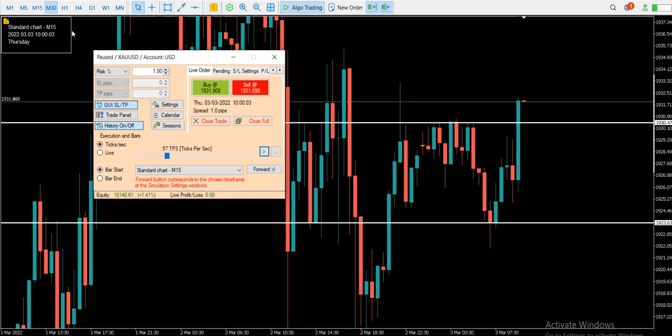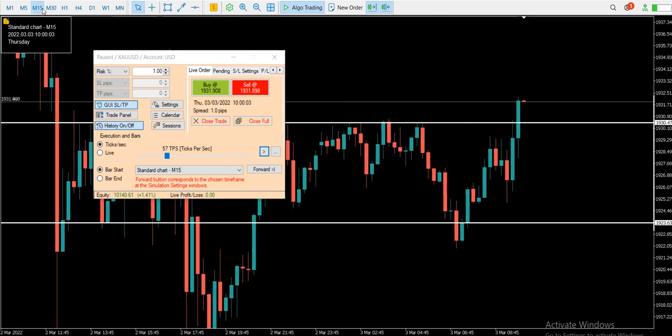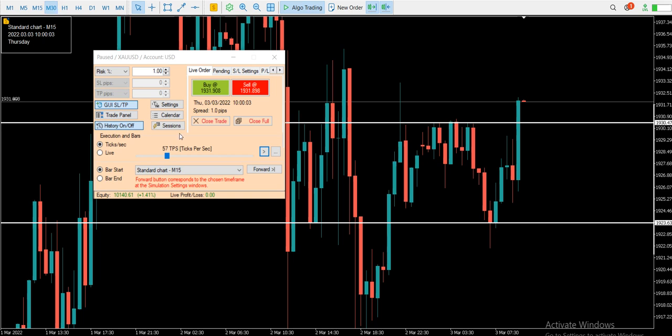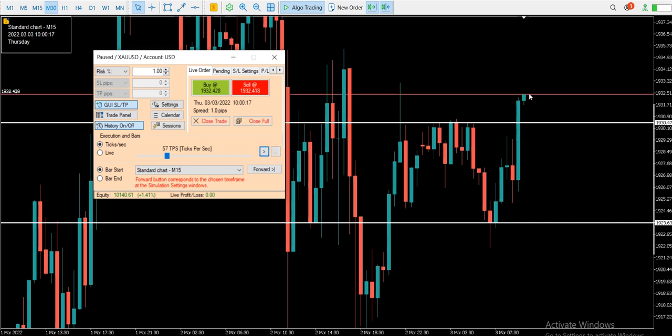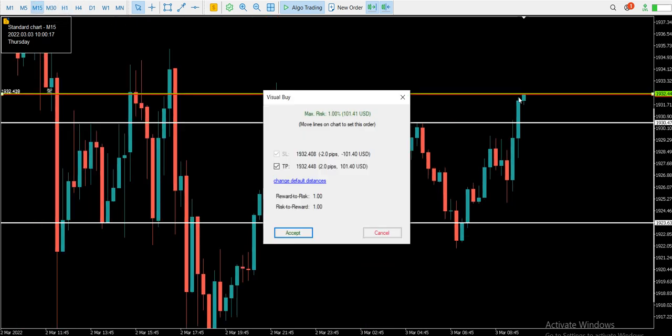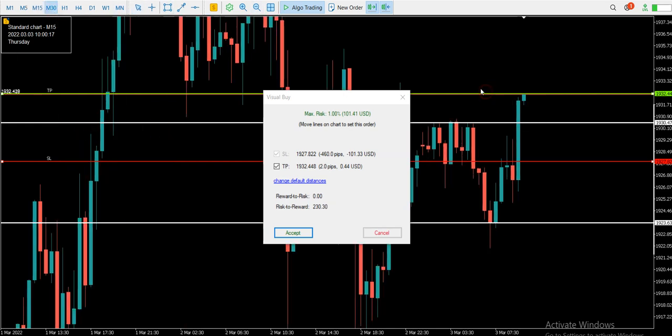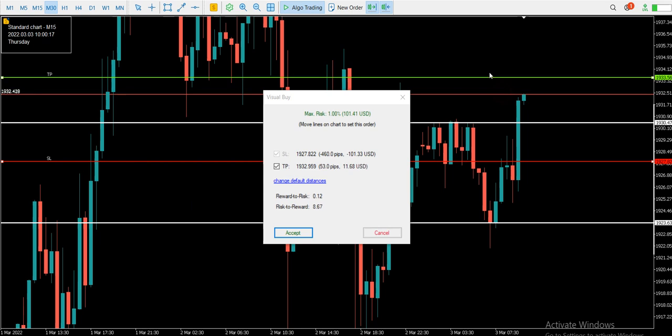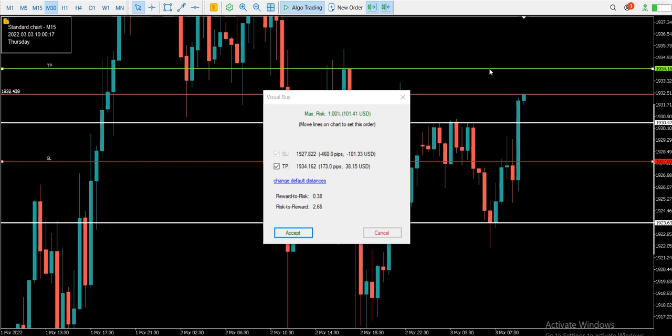Okay, 15 minute, 30 minute. Okay, let's just start it, and price is breaking the high. Okay, I will use M15 candle lows for SL right here, and TP will go up over there.